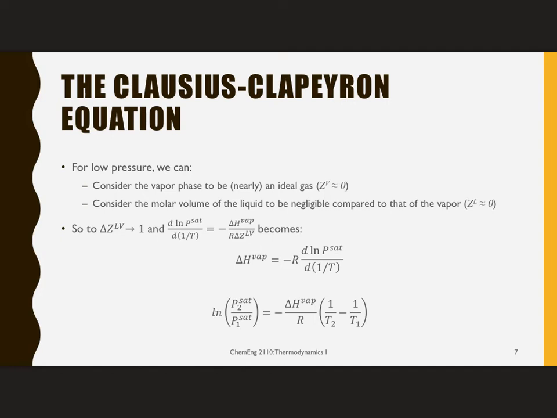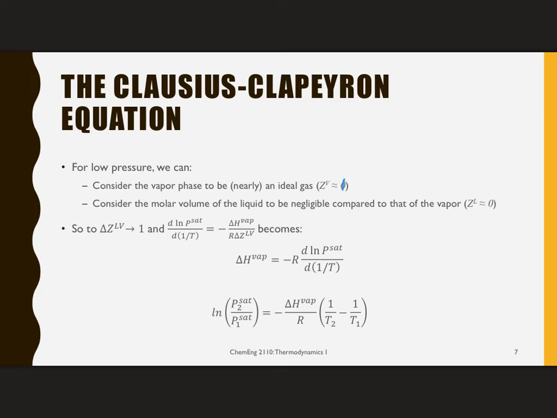But I can make some simplifications, and we're going to develop the Clausius-Clapeyron equation. Most of the time, I don't need that complicated stuff. I can make some really great simplifications. First of all, if the vapor phase is very nearly an ideal gas, Z_V is about equal to 1.